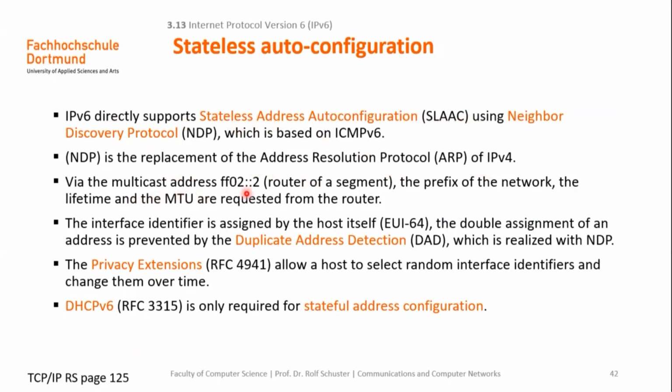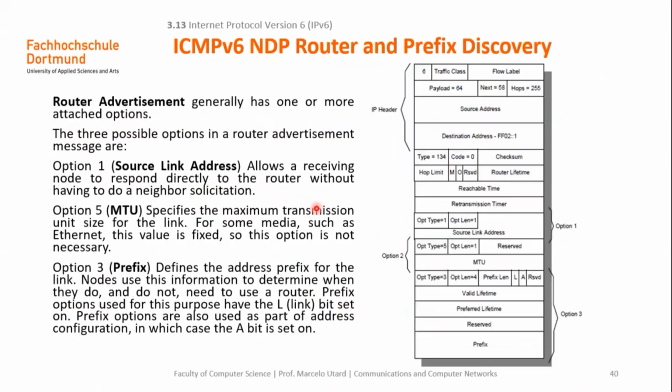Via the multicast address, the prefix of the network, the lifetime and the MTU are requested from the router. We already saw this in the case of the router and prefix discovery used with the router advertisement message.